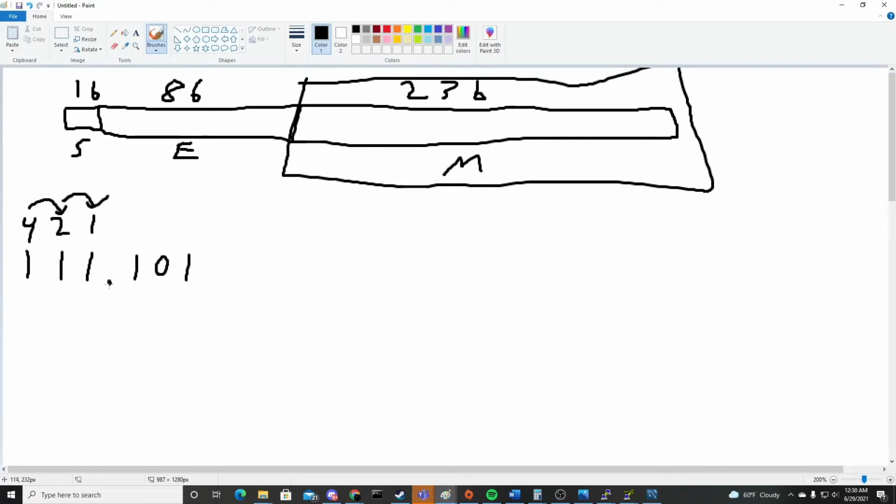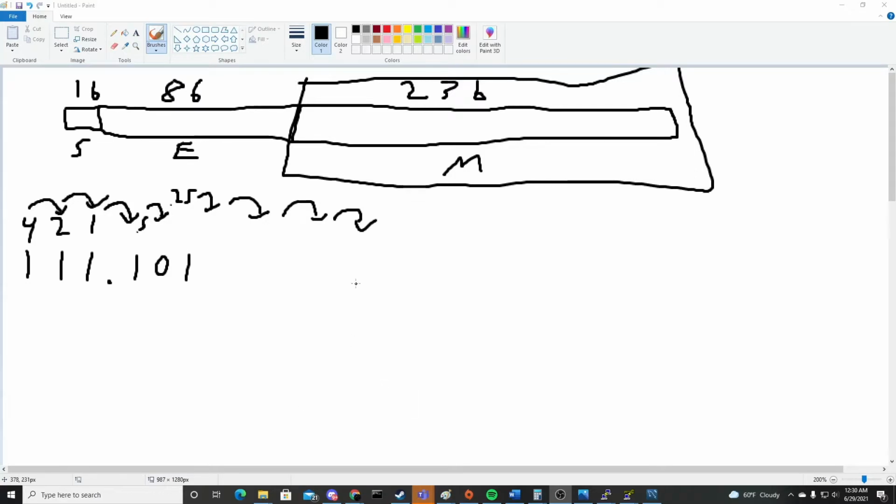When we move to the right of the binary point, the first bit to the right of the binary point is actually going to be 0.5. Then if we move again to the right, this is going to be 0.25, and that just continues all the way down past the binary point. You just keep on going and going.